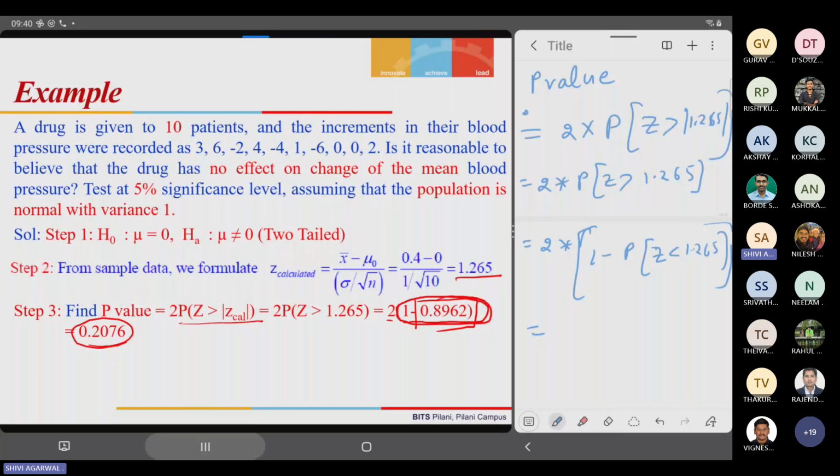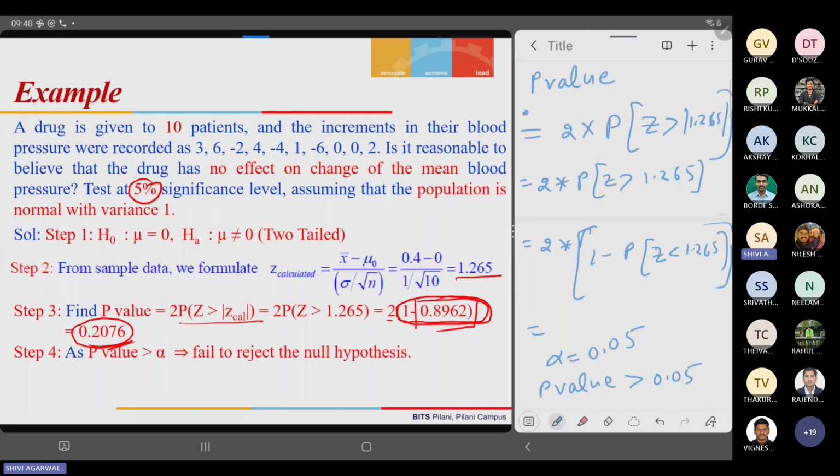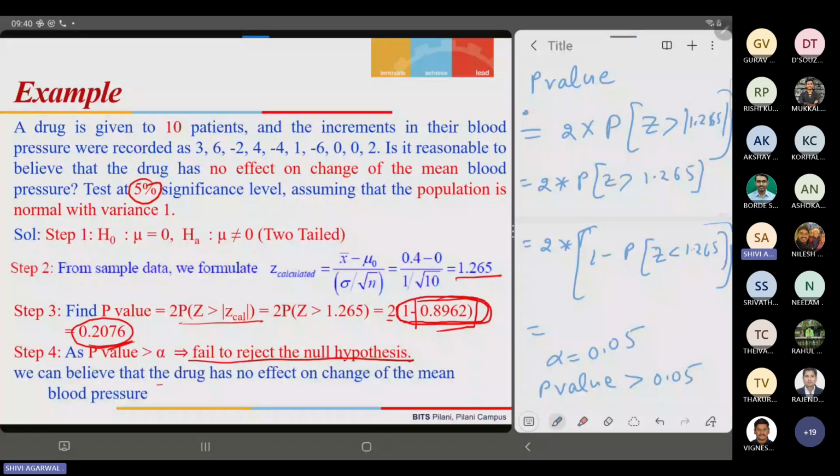And we can also compare with the alpha. Alpha is given as 0.05. So this P value is greater than 0.05, the alpha value. So we fail to reject H naught. So fail to reject the null hypothesis here. Okay. So we can believe that the drug has no effect on change on the mean blood pressure.